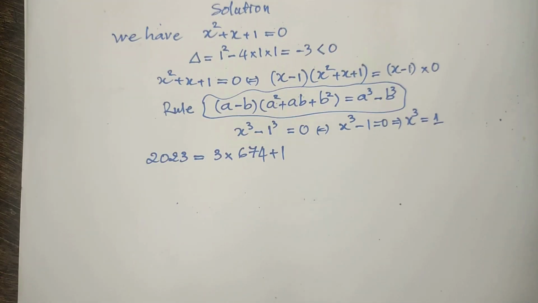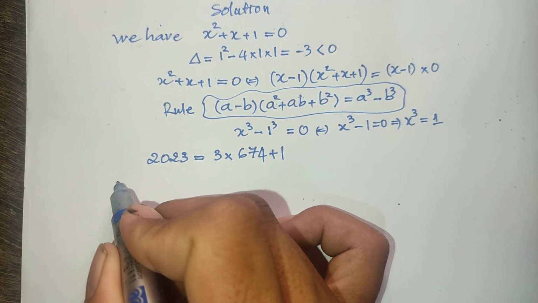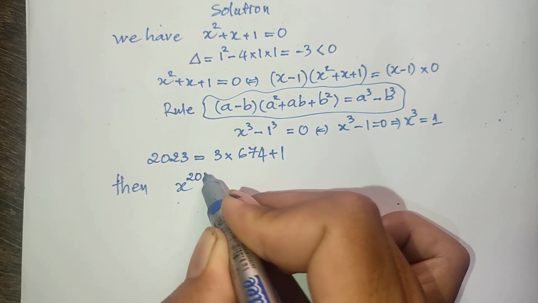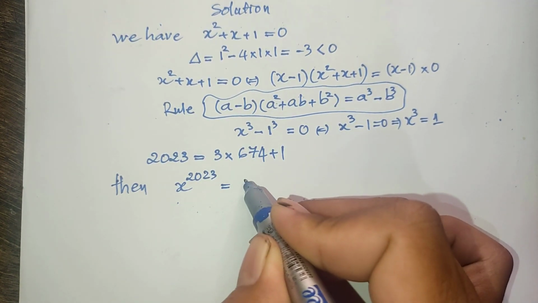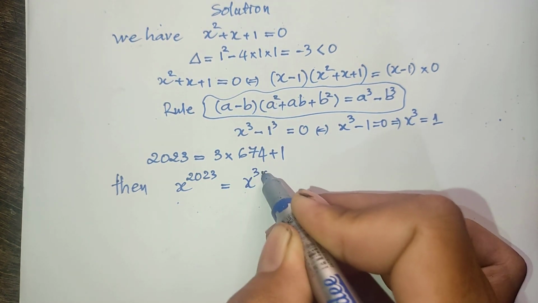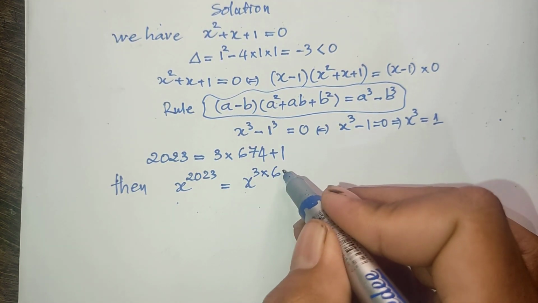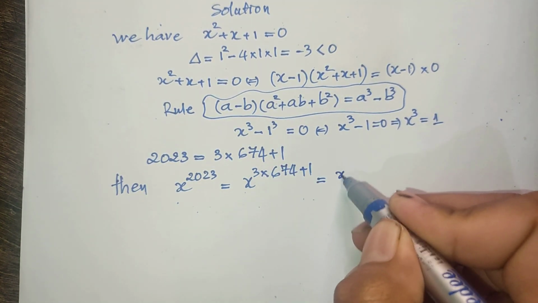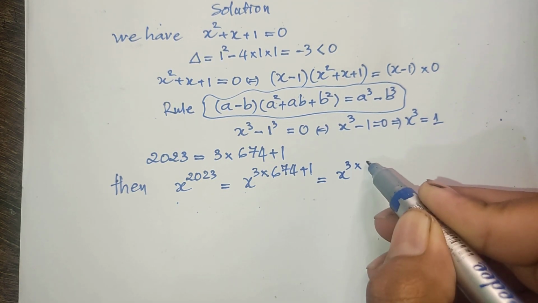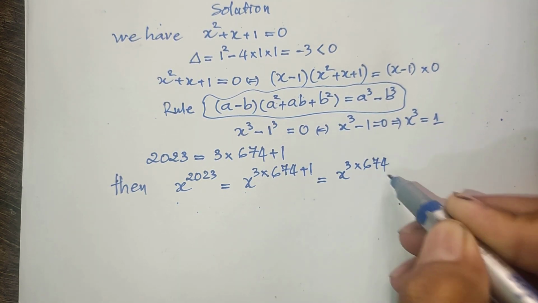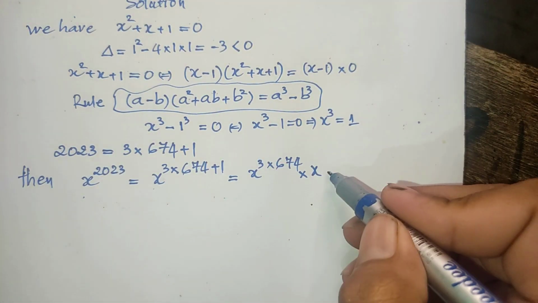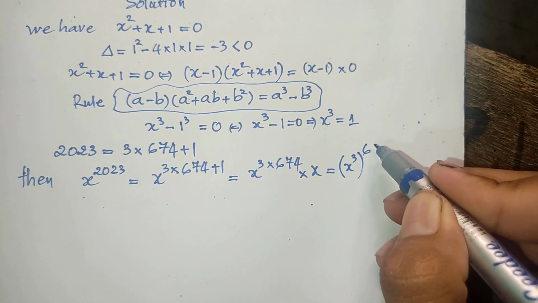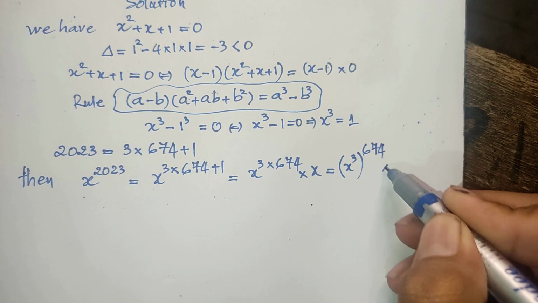So then we get x power 2023 is equal to x power 3 multiplied by 674 plus 1. And this equals x power 3 multiplied by 674 multiplied by x, which equals x power 3 to the power 674 multiplied by x.